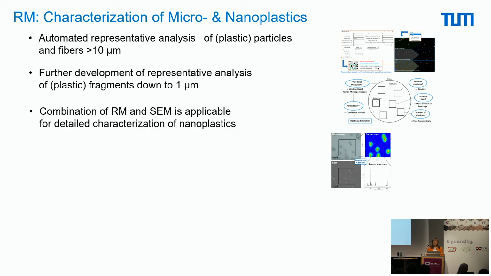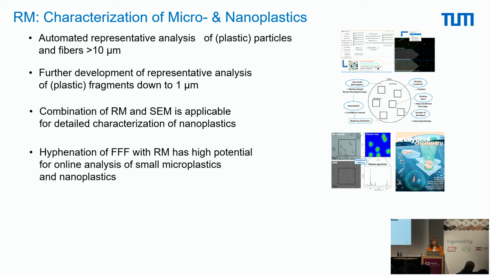We found that the combination of Raman microspectroscopy and scanning electron microscopy is really helpful for detailed characterization of particles. But if we want to go to high throughput analysis, the hyphenation of field flow fractionation and Raman microspectroscopy will be the method of choice.